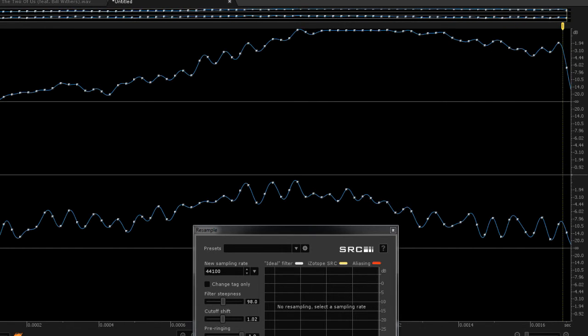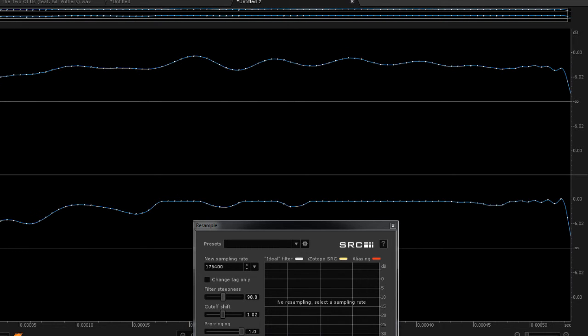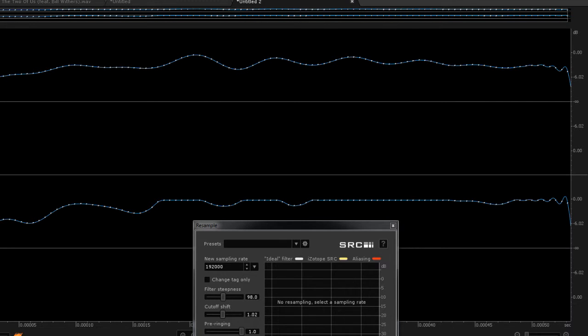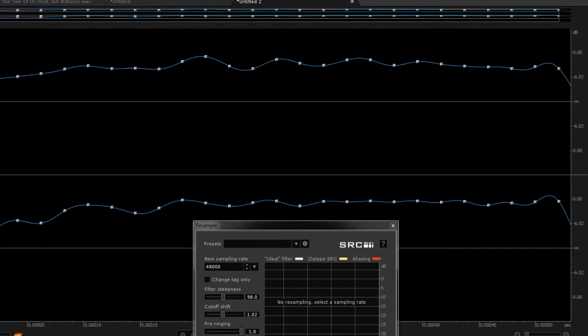There's 192 again, still looking at the right side. I think on this one the right channel will be the most dramatic. That's the lower one on the right side. There's 176. We'll just go through all the sample rates. You can just see how it changes. 192, 176, 96, 48, and 44.